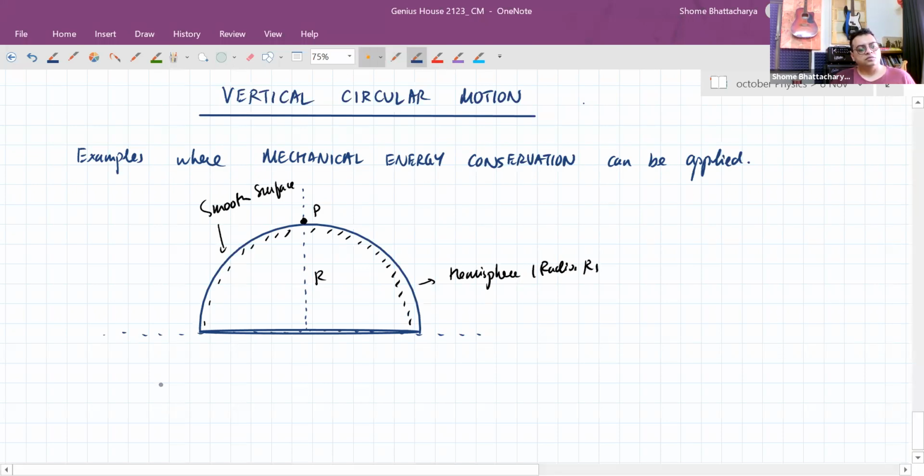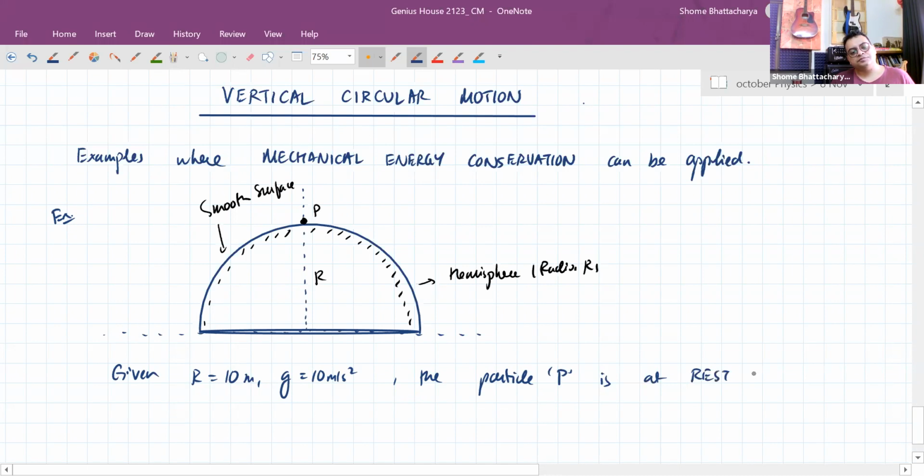So now, given that the radius is supposed 10 meters and g is also 10 meters per second square, a particle P is at rest initially, at the top.